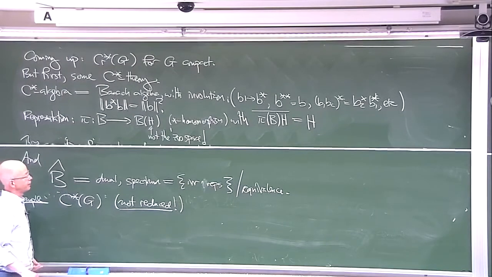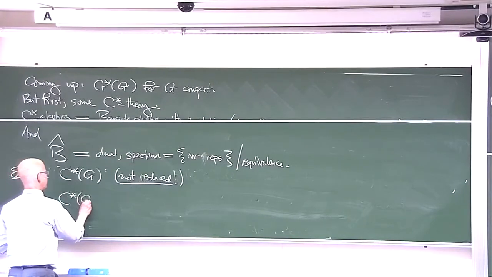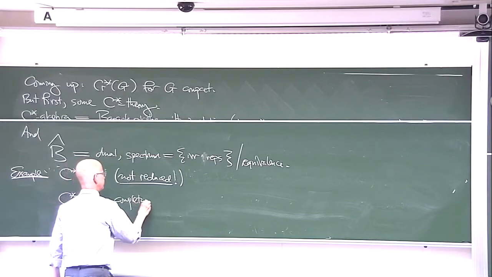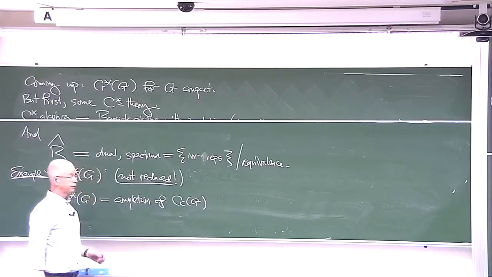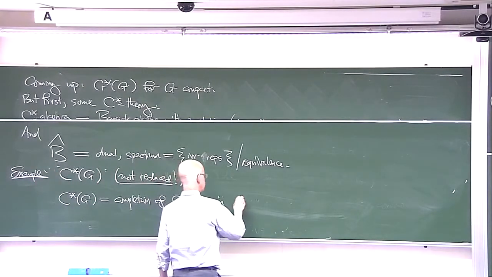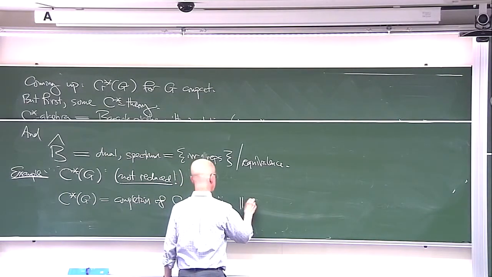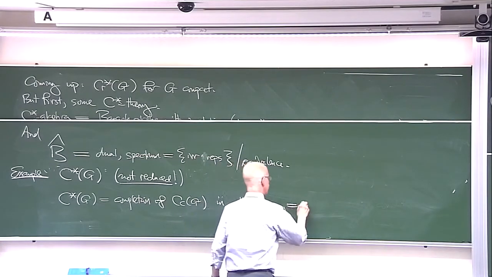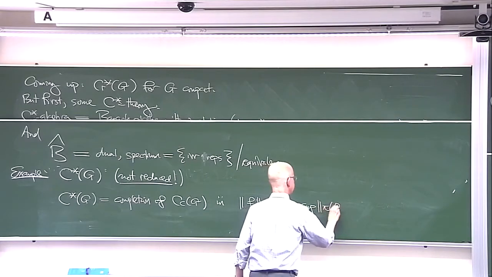And so this thing is defined in the following rather abstract way. It's just a completion of our friend, the vector space of continuous compactly supported functions, in a norm. The norm of some element f, the C star G norm, is just the sup over all pi of the norm of pi of f.